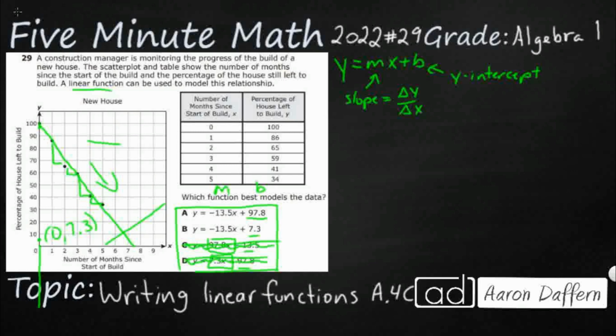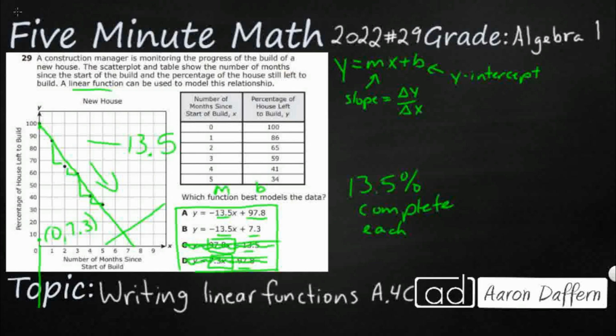Okay? Both B and A, look, you've got the exact same m right there, that negative 13.5x. So both of those could work. Negative 13.5 as our slope, because as we go each month, it looks like we're getting about 13.5% complete each month. And so that's going to give us our negative slope.